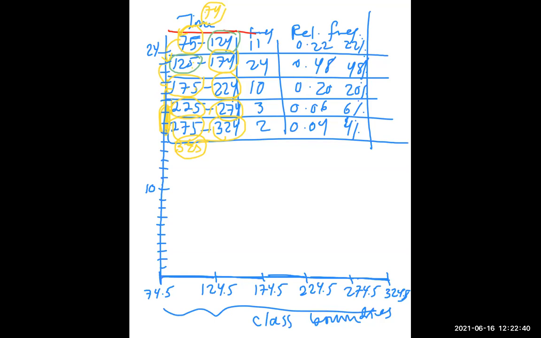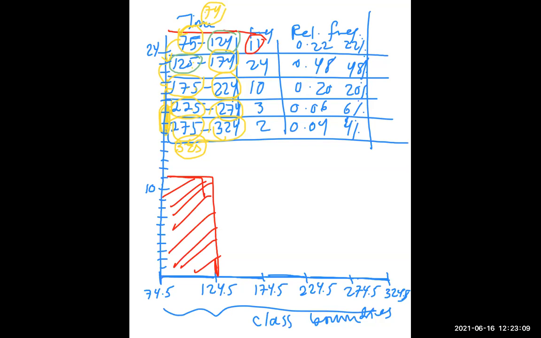Let's start with the first one. For the first class, between the two boundaries from 74.5 to 124.5, I have 11. So I go 11 up, and that's the first bar. There should be no distance from one bar to the next unless there is a 0 in the counts.